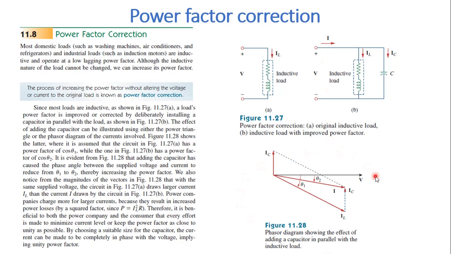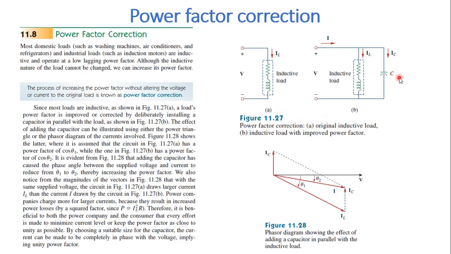Now look at this phasor diagram. This is the voltage V, and this indicates the current IL. IL lags the voltage by an angle of theta 1, the phase angle between voltage and current, so cos theta 1 is the power factor of the first circuit.